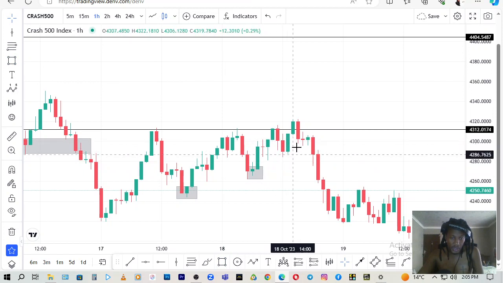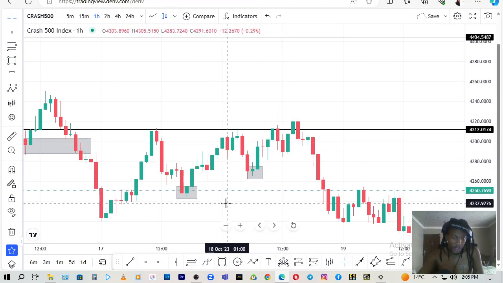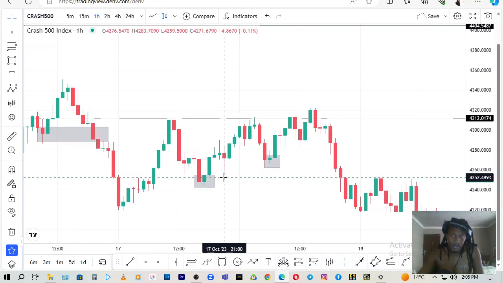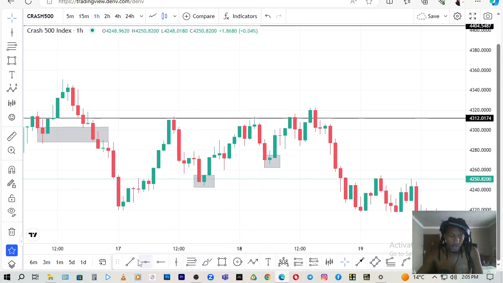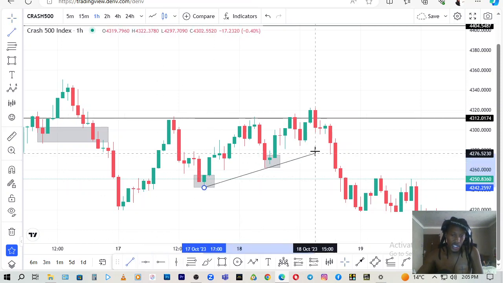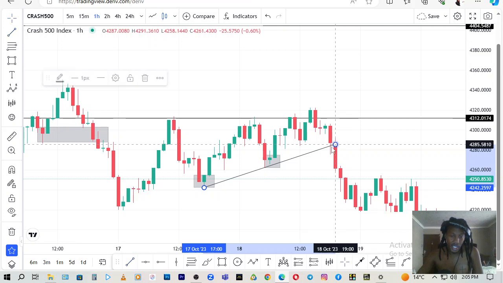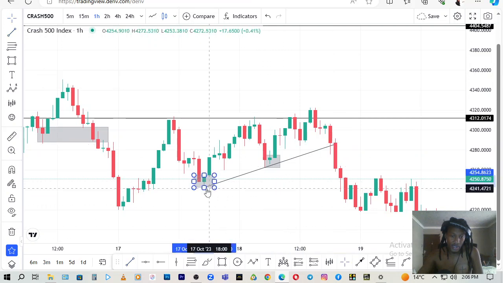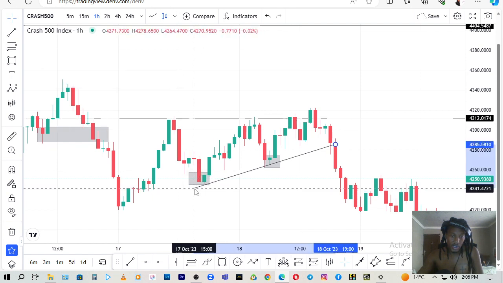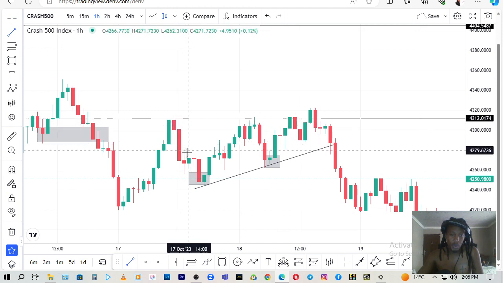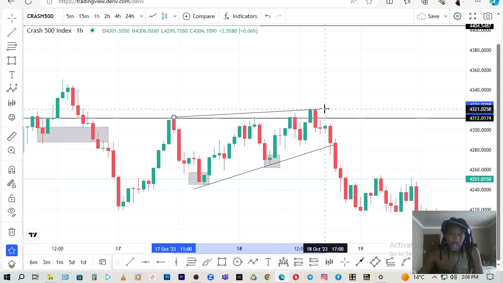Why did the market give us this ending high over here? It was actually trying to create a structure. Just creating a structure over here. Sometimes the market will go a certain direction just to create structure.